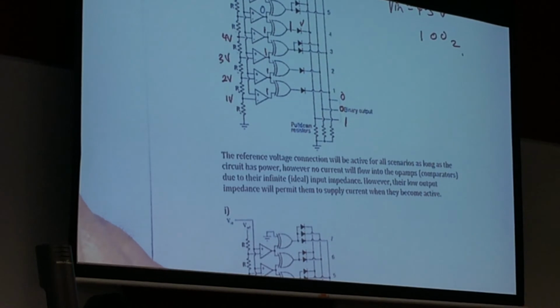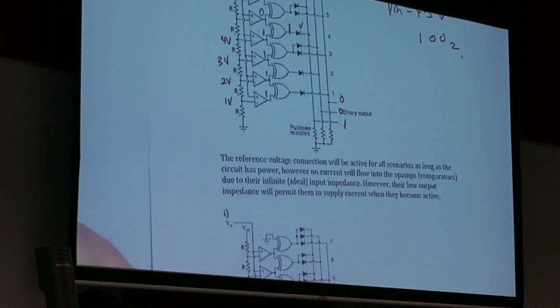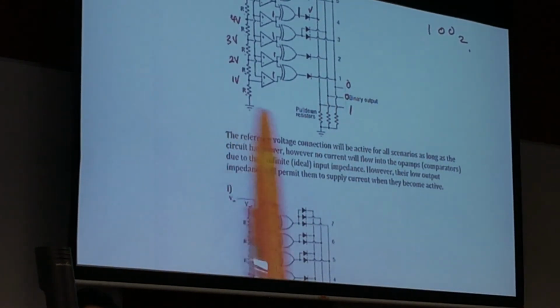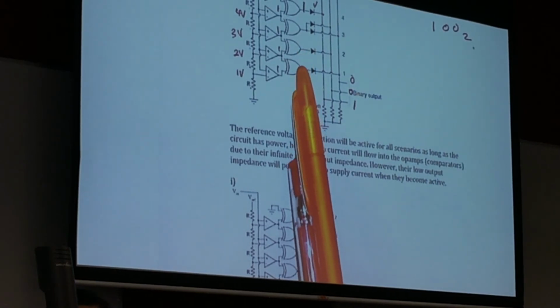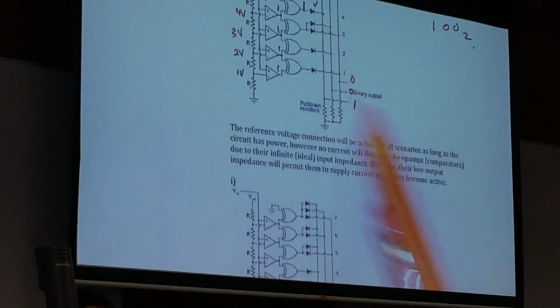Now the 2 volts one is a bit sticky. You need to make an assumption. If it's slightly more than 2, then this will be a 1. If it's slightly less than 2, then this will be a 0. And then you just follow up.